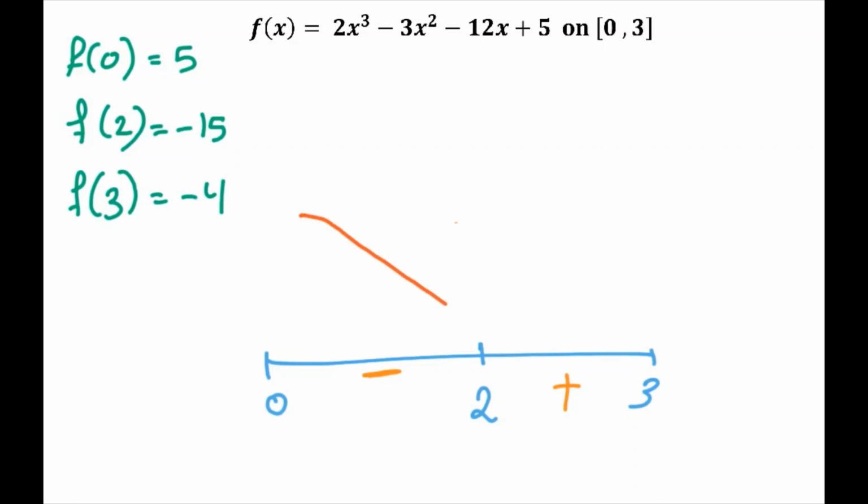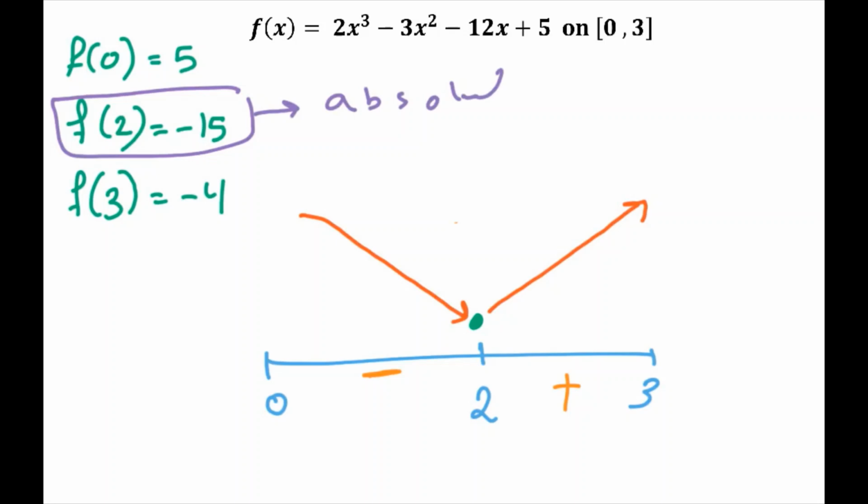Minus means the function goes down and then it goes up. So what happened? One minimum. That's going to be my absolute minimum. So I have a minimum here. That's an absolute minimum at (2, -15). Now these two are max. Let's compare this one and this one.